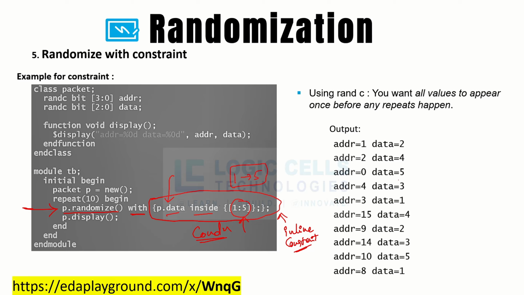Now check the data. Are we getting values between 1 to 5? To have only these values in randomization, I don't want more than this. This will be called a constraint.